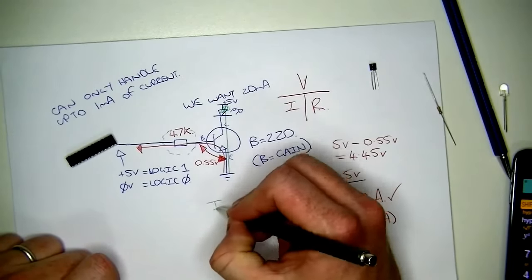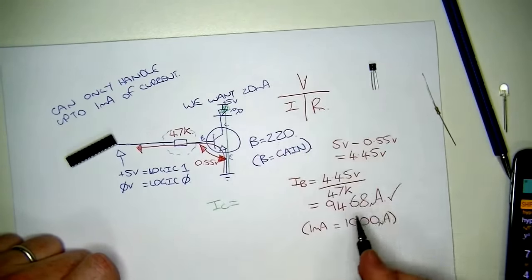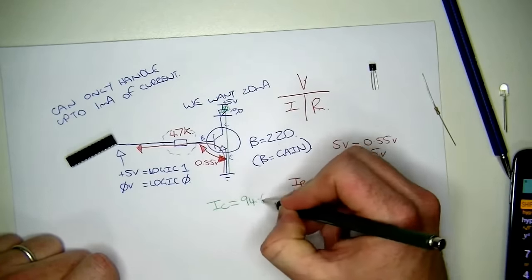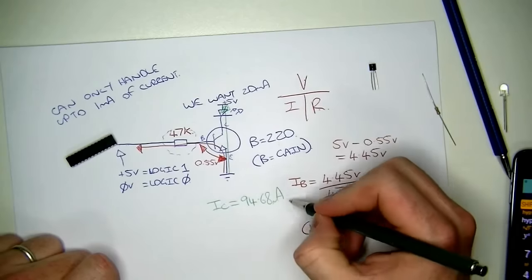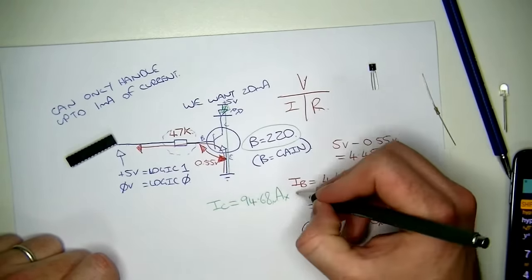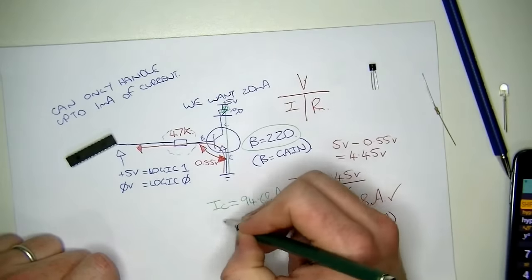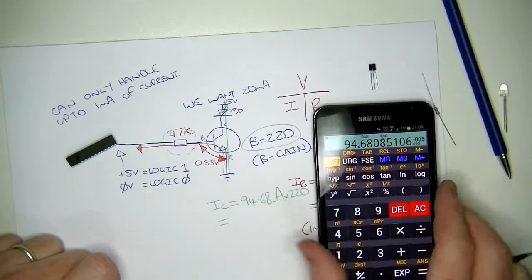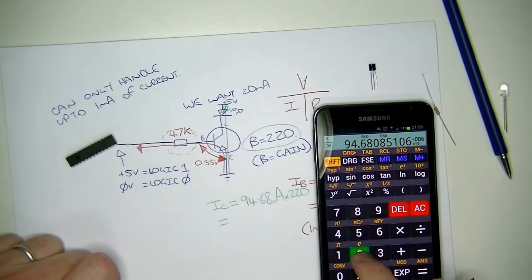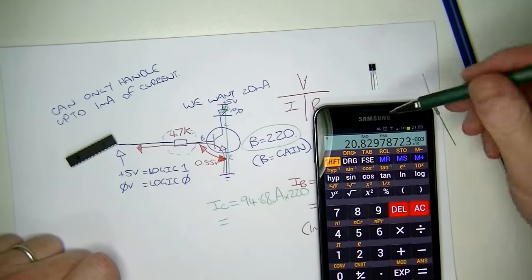So, collector current, IC, is going to equal the base current we just found, 94.68 microamps, multiplied by the gain, which is 220 for this particular transistor. So there it is, 94.68 micro, multiplied by 220. And what do we get?